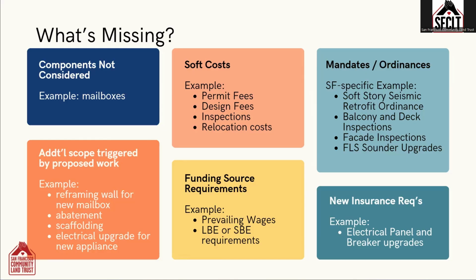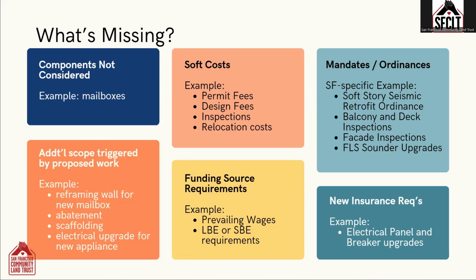And then the other category of missing information is insurance requirements. Currently in San Francisco, our property insurance inspections are requiring us to upgrade electrical panels and breakers. And there may be other components that they notice and require a replacement for. And that's not something that a CNA will identify and anticipate.